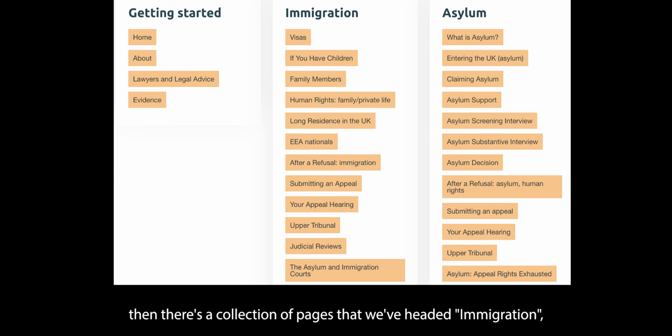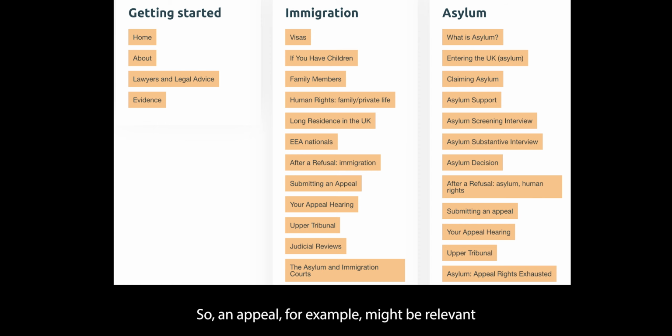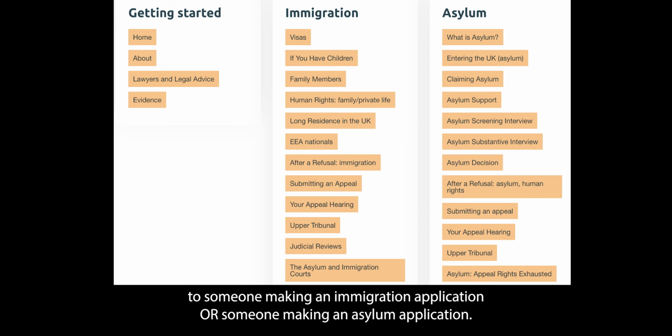Then there's a collection of pages that we've headed immigration and a collection of pages that we've described as asylum. Some of these pages will be on both of those sections because there's some stages of the process, some information that's relevant to people no matter what kind of application they've got. So an appeal, for example, might be relevant to someone making an immigration application or someone making an asylum application.